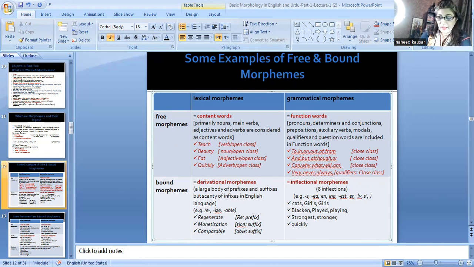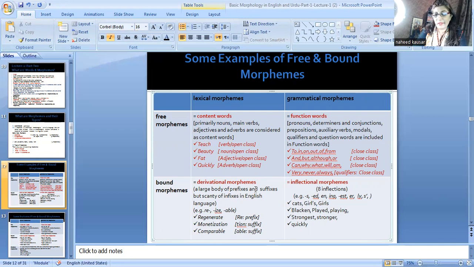Here you see that the later component tion is the suffix, and there is the word comparable, and the later component able is the suffix. A large body of the prefixes and suffixes are usually the bound morphemes under the derivational morphemes. Derivation is basically a process of word making, and I will explain it at length in the next video when I talk about the types of morphology.